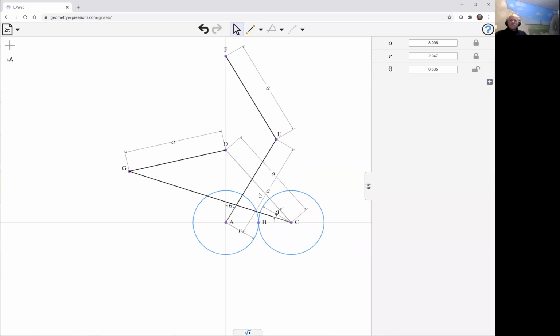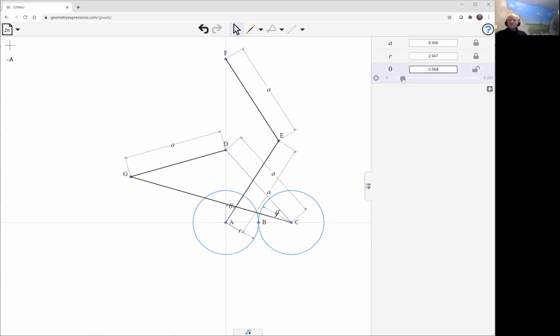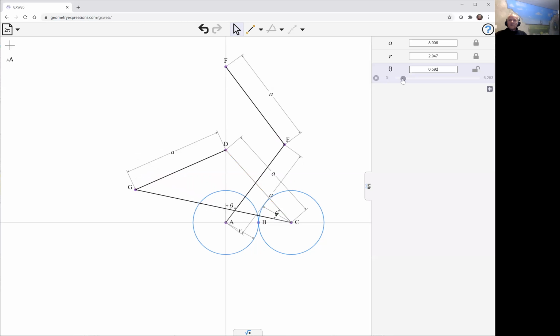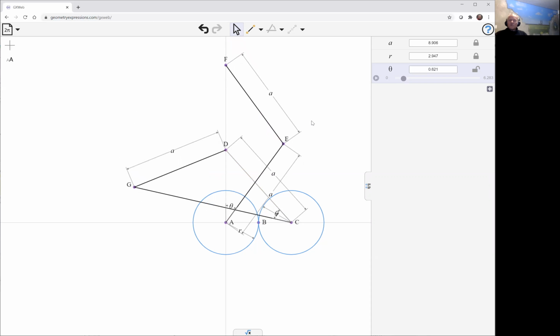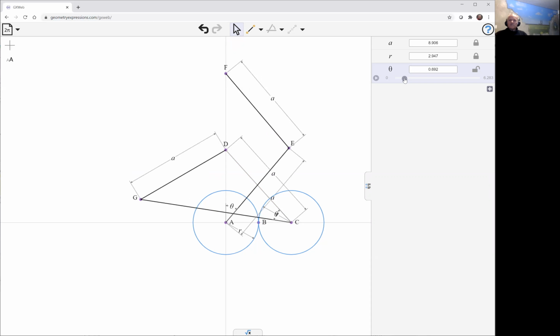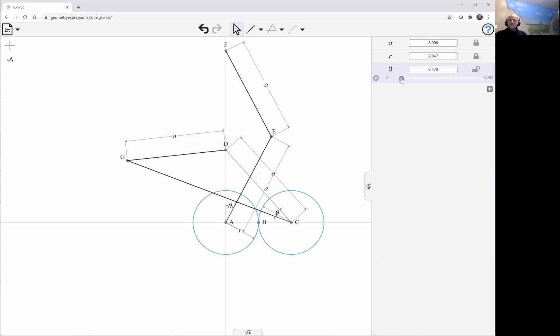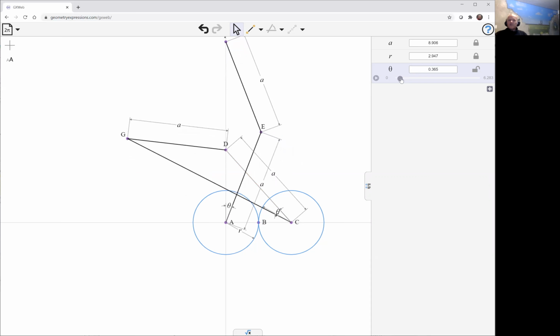So this line AE is attached rigidly to this gear, the gear centered at A, and the line CG is attached rigidly to the circle centered at C. So as we change theta, these links should look like they are operating as gears. And you can see that, yes, indeed, the lines are rotating at the same speed in opposite directions. So that is behaving itself.